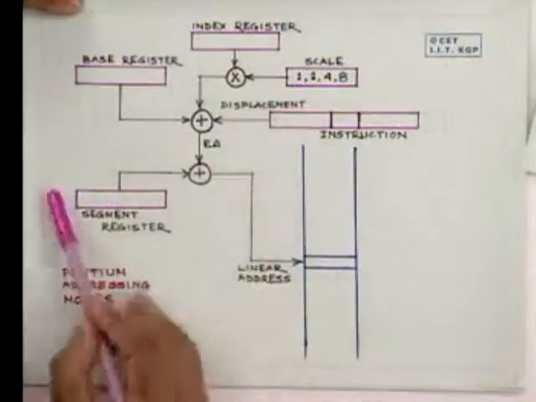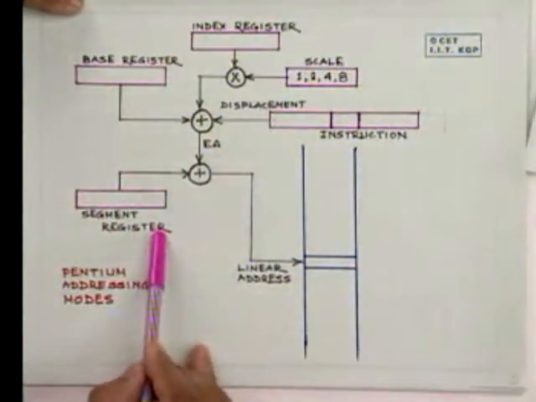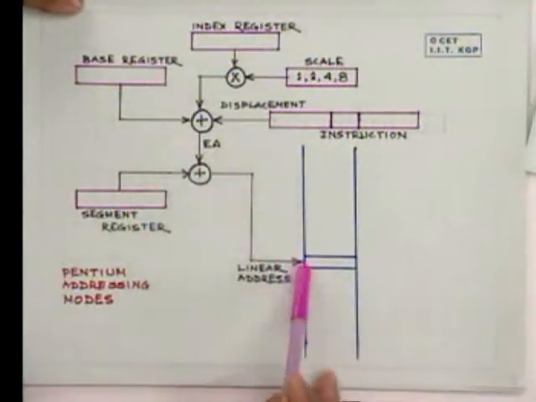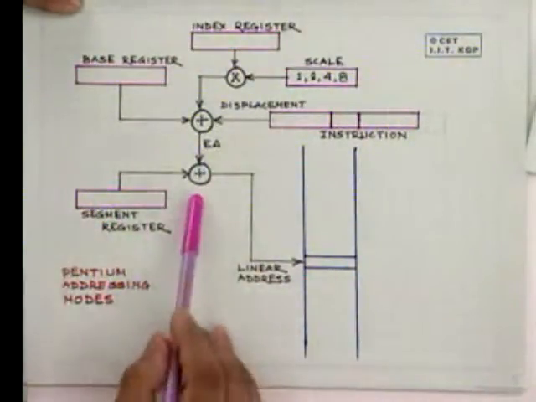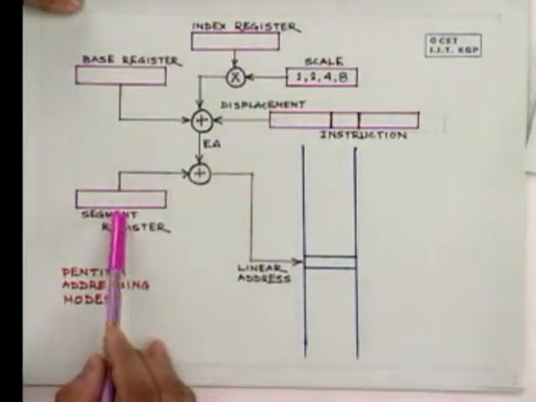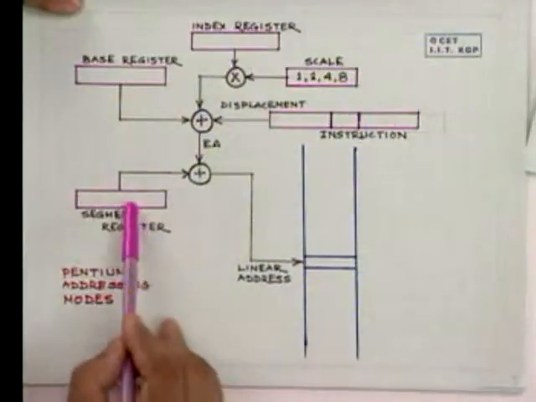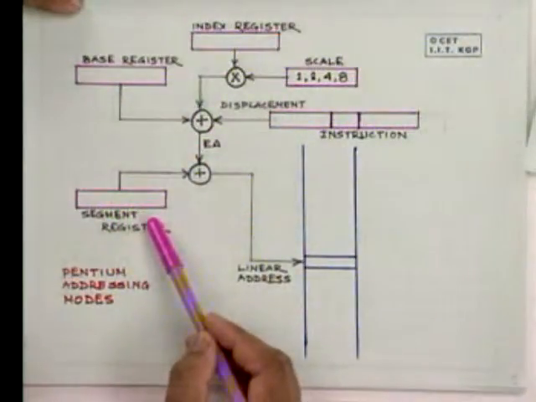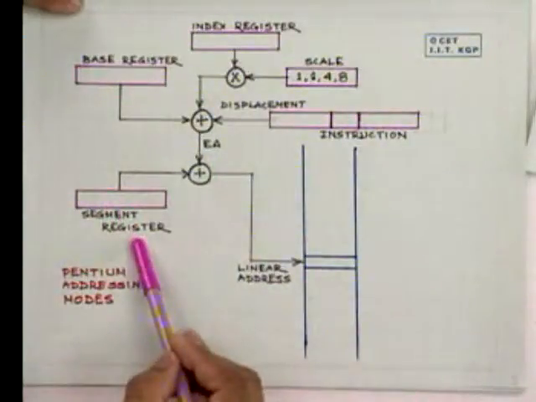Once you get that effective address, it is added with the content of a segment register, and a linear address is obtained here. Though we have somewhat simplified the segment register portion here, in the case of a Pentium, corresponding to a program module, there can be 6 segments, and the segment register in fact points to a segment descriptor.